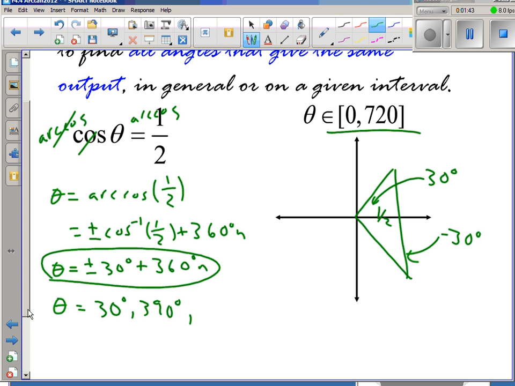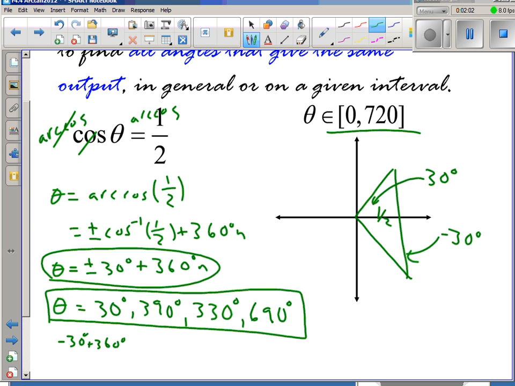We're done with those. Now we have to try the negative 30. When you do negative 30 plus 360, you just get 330. Adding 360 to that, you get 690, and anymore we get over 720. So that is the solution to this problem.